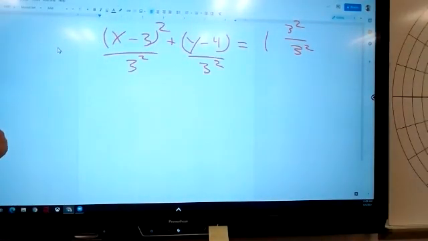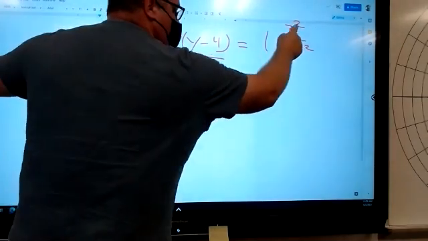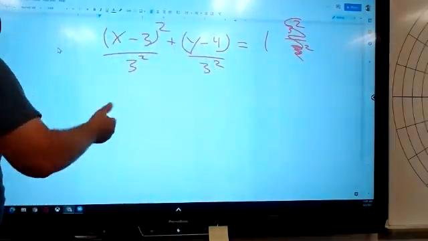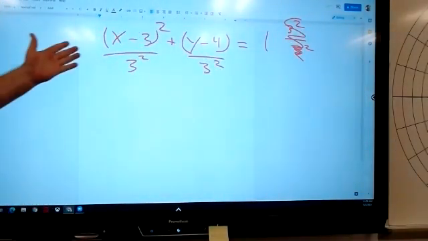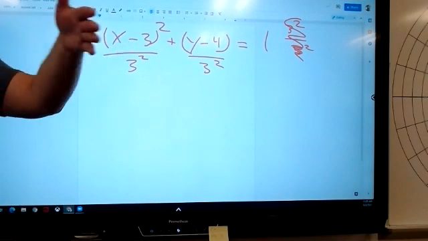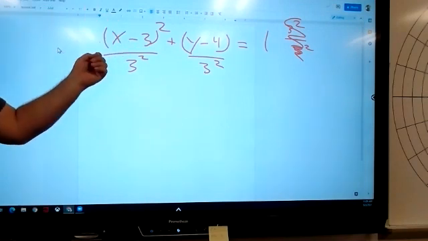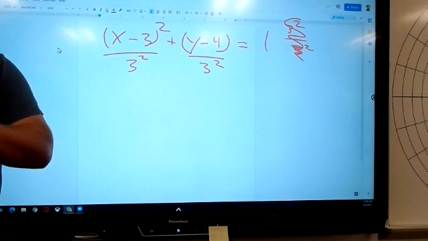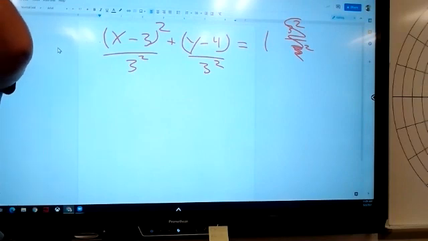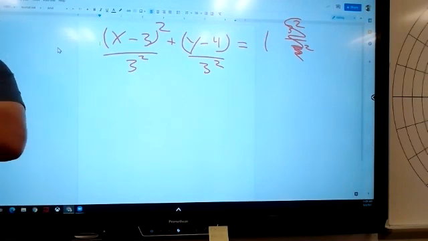What's 3 squared divided by 3 squared? 1, because it's the same thing. How much do I go in the x part? 3 each way. Does everybody agree? How much do I go in the y part? 3 each way. That makes it a circle because it's nice and balanced. Are you good with that?